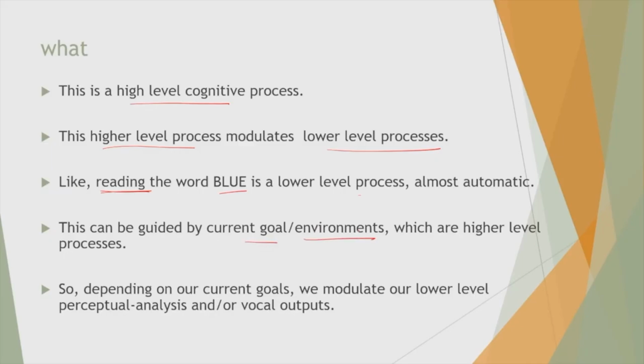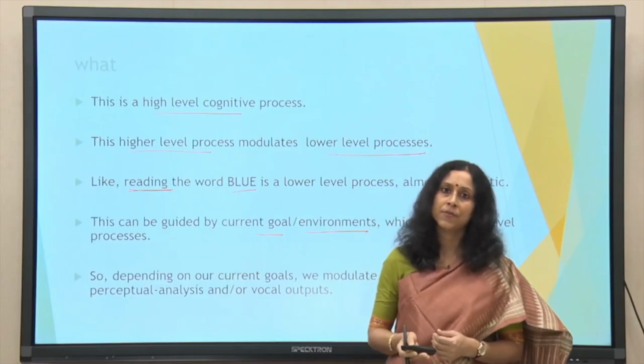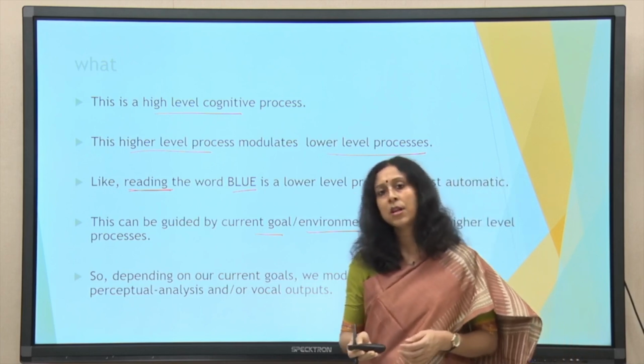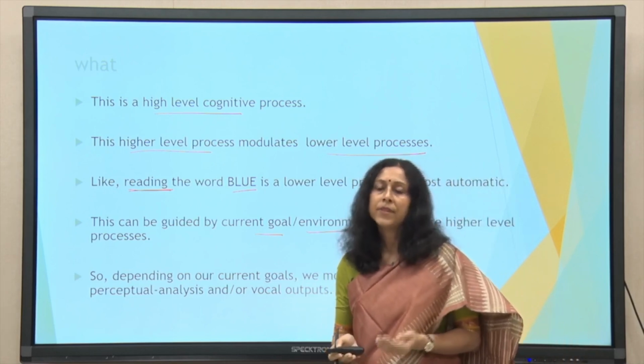Now, this guiding part of the lower processes is the higher part of the process. So, depending on our current goal, we modulate our lower level perceptual analysis and our vocal output. Sometimes it is a vocal output, sometimes not, but this is how it works.